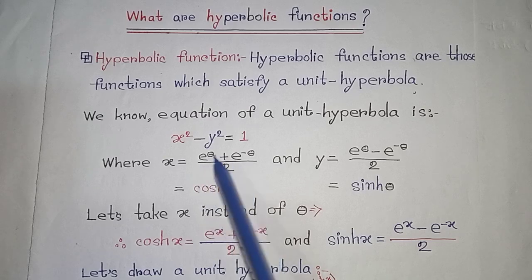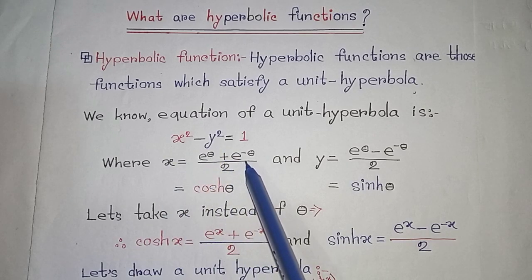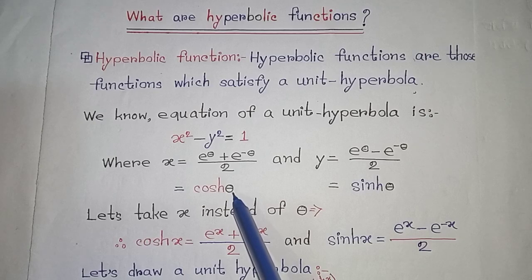So this part becomes e to the power x plus e to the power minus x by 2, which is equal to cos hyperbolic x because we have taken x instead of theta. That's why we can write cos hyperbolic x is equal to e to the power x plus e to the power minus x by 2. Similarly, from this part we can write sin hyperbolic x is equal to e to the power x minus e to the power minus x by 2.